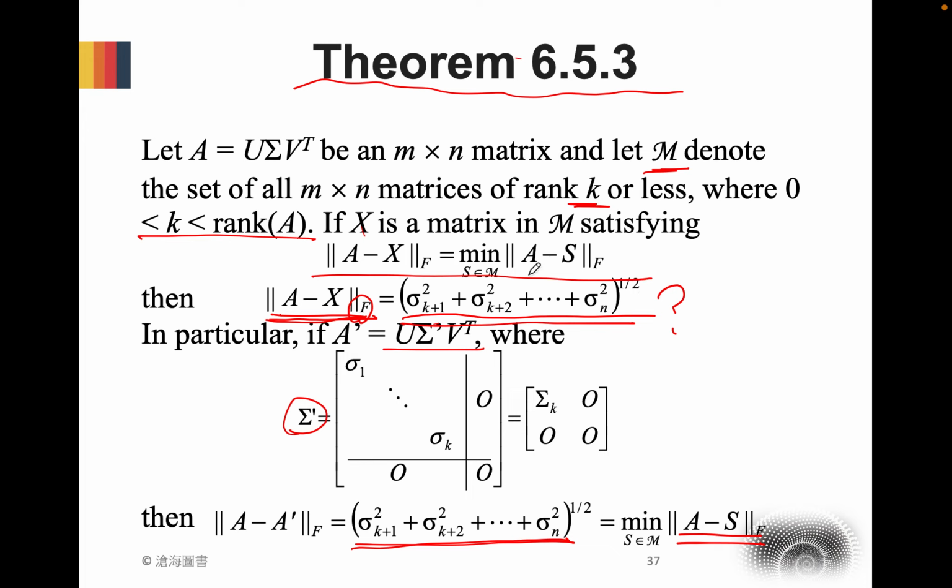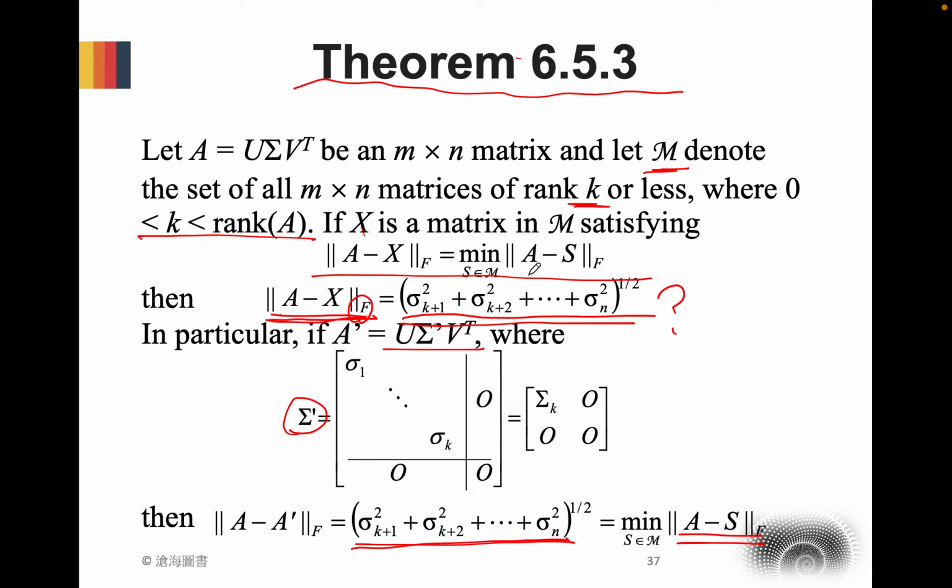So similarly, we can reduce. Why do we say this A prime is closest to the matrix A with respect to the Frobenius norm? Because remember that the distance between A and A prime is the sum of the squares of the last singular values.